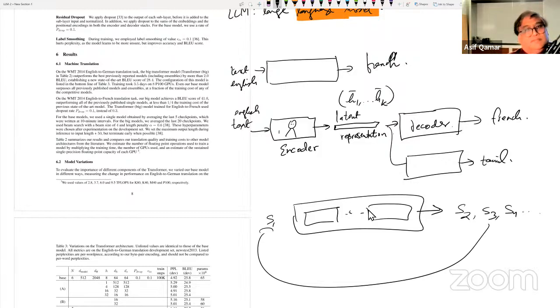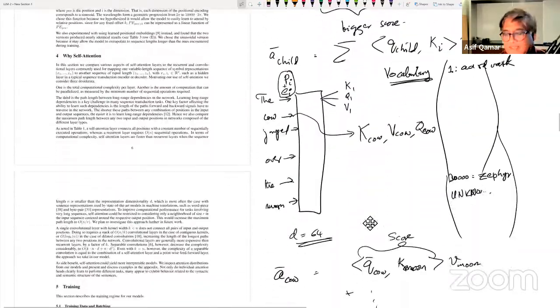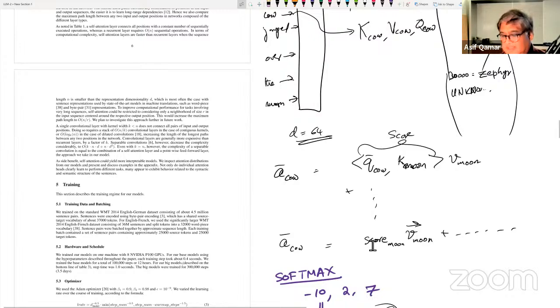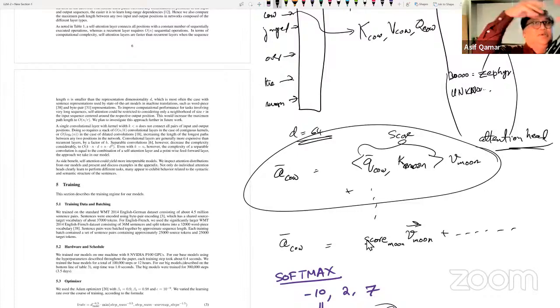So now, let's go back to this paper. What it is saying is that this technology, the thing that does this kind of math, is called an attention head. Attention head is that bit of neural circuitry that will help you do this, right?